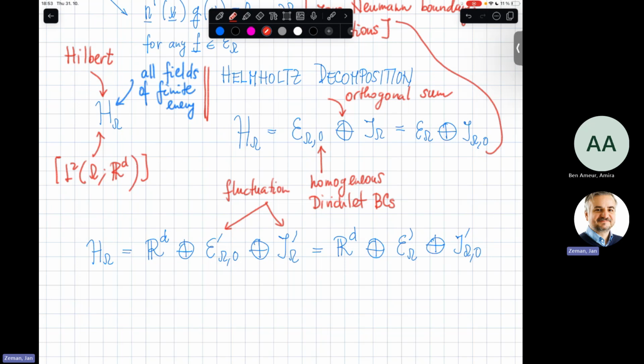So all constants are orthogonal to these fluctuating fields. This is what I have shown before, just by definition, basically. So this was just to get you acquainted. And these two are mutually orthogonal to each other because shifting this value by a constant does not change any of the arguments which are put forward.